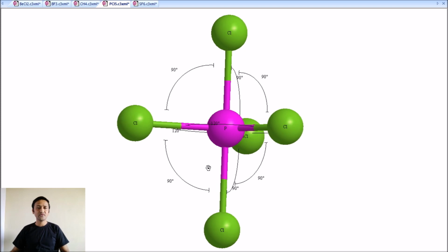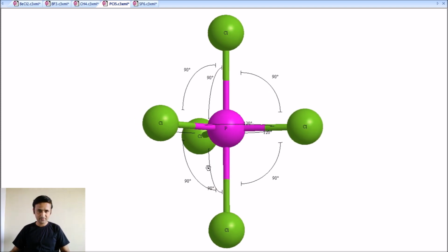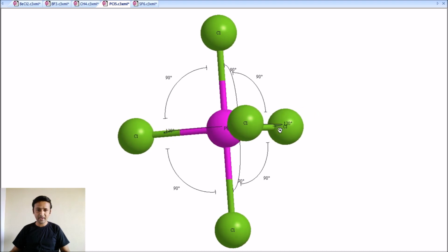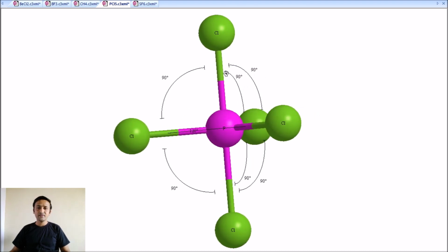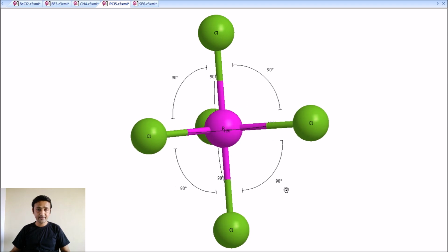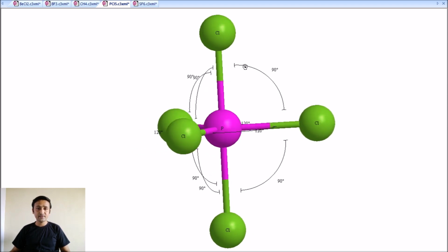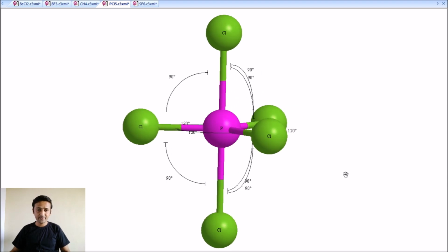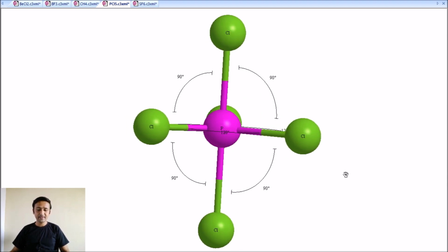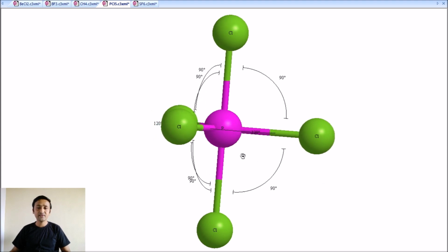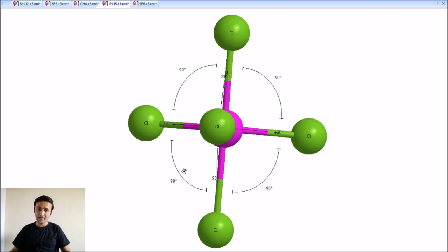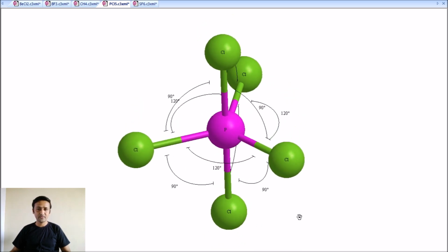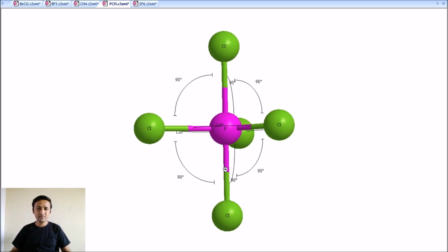So in the case of Trigonal Bipyramidal geometry, we have 3 120 degree angles in the plane and 3 plus 3, 6 90 degree angles, collectively in the molecule. So totally 3 120 degree and 6 90 degree angles are present in the case of phosphorus pentachloride, or Trigonal Bipyramidal geometry. This is regarding PCl5.